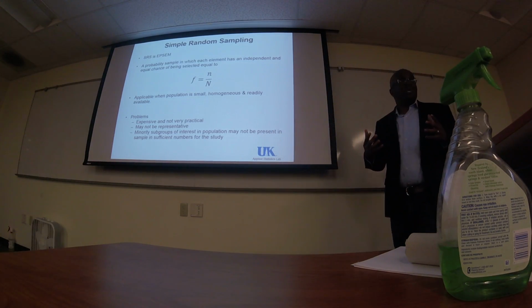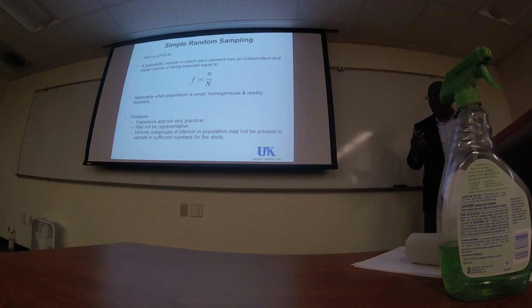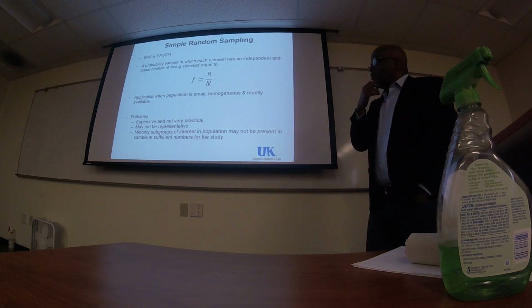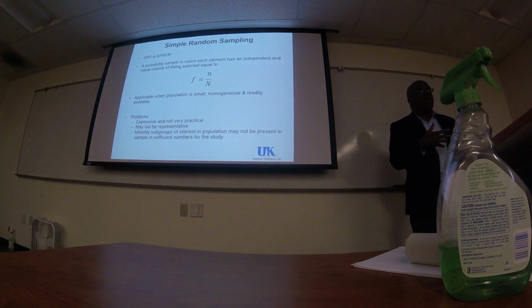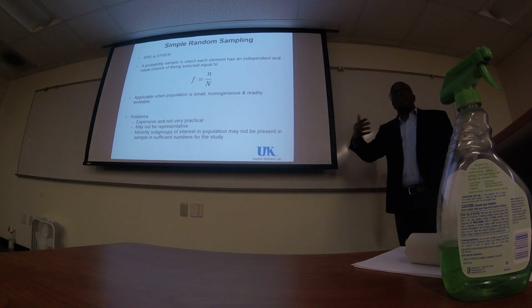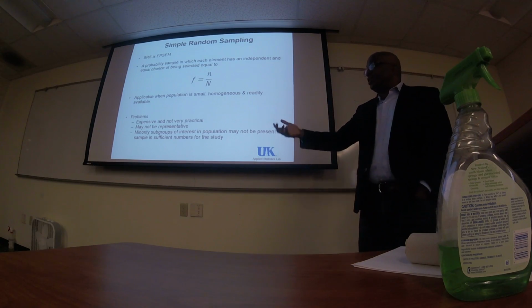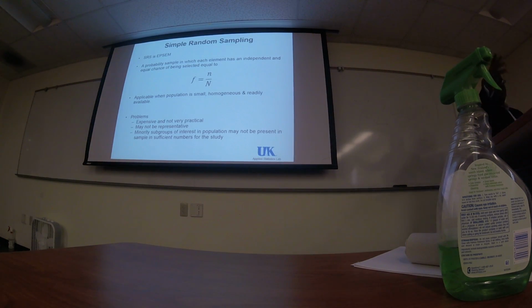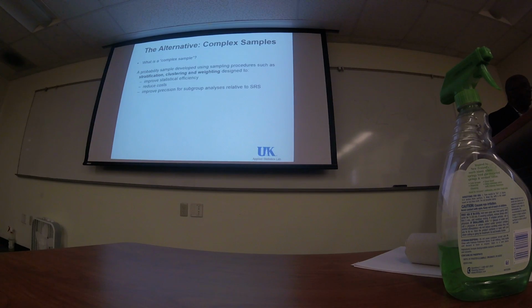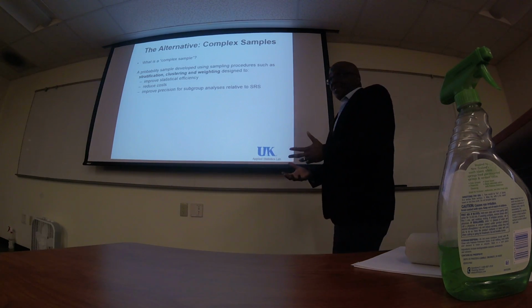If we use simple random sampling for this kind of survey, we will also lose the opportunity of representing minority groups. We should have some groups that we are interested in included in our sample. If we select people from a list, we have to be careful in using an alternative, which is the complex sample.